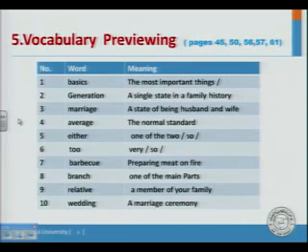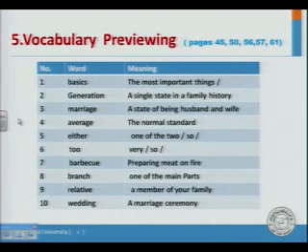And the next we have two important words, not just to know the meaning, but also to know the structure of them, or when to use either and too. So either has two different pronunciations, American and British. It means one of the two. In Arabic it means إما هذا أو.